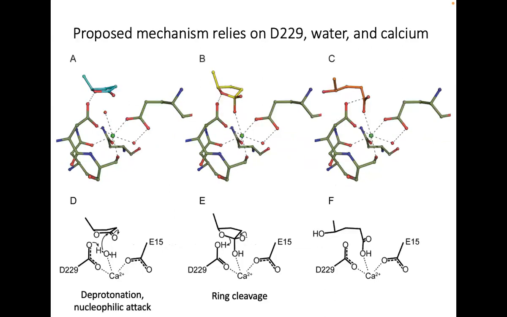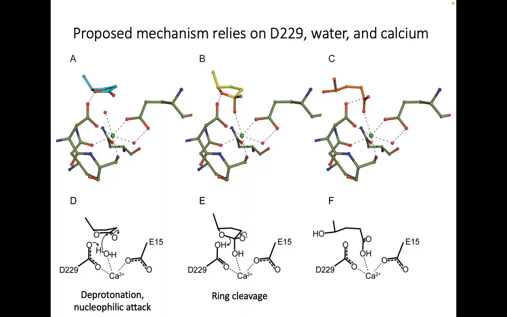What we came up with is a proposed mechanism that relies heavily on D229 from my mutational data and also from the structural data, and this water molecule that we think is attacking the lactone, and the calcium that's really sitting there to pull everything together and get everything into that central location for catalysis.